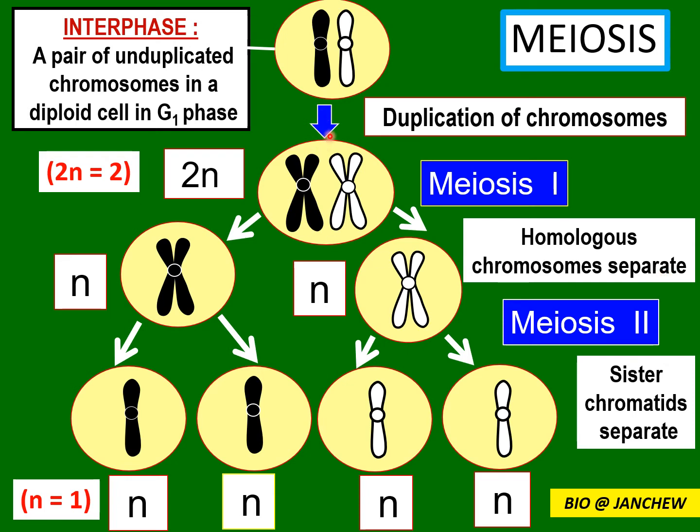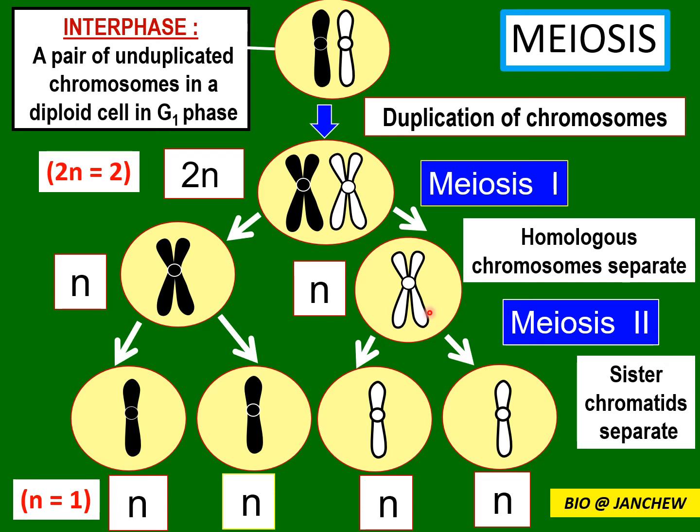Then cytokinesis occurs. The cell divides into 2. So the result is 2 daughter cells, and in each daughter cell there's only 1 copy now of each chromosome: 1 paternal chromosome in this cell and 1 maternal chromosome in this cell.